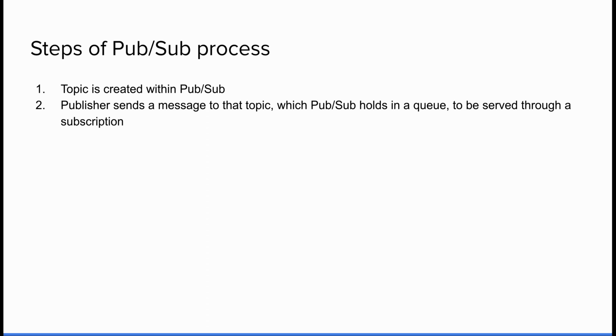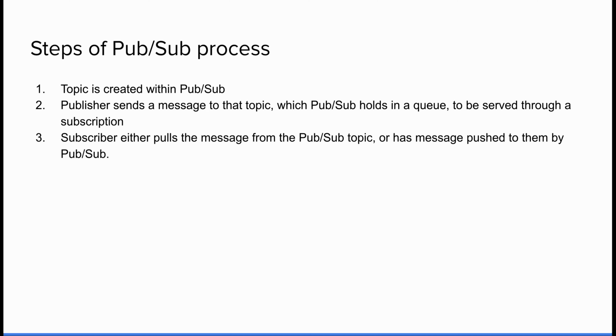PubSub holds that message in a queue with other messages, waiting to be served to a subscriber through a subscription. Your subscriber then receives the message. This can be either through pulling the message from the named PubSub topic, or the subscriber can have PubSub push the message to them.